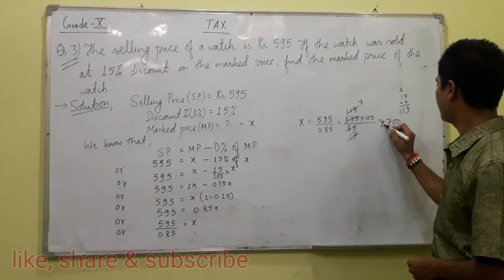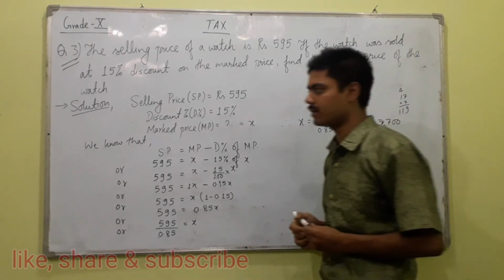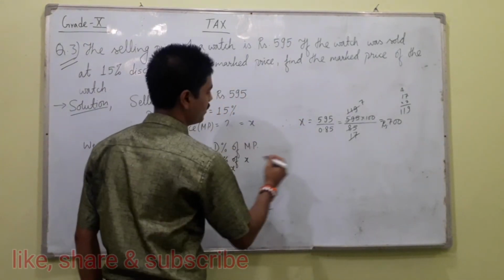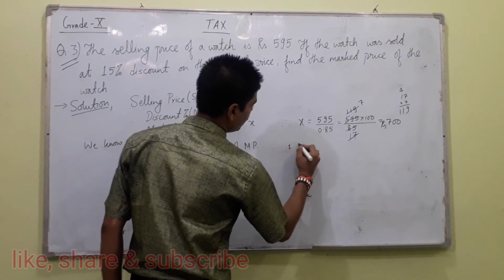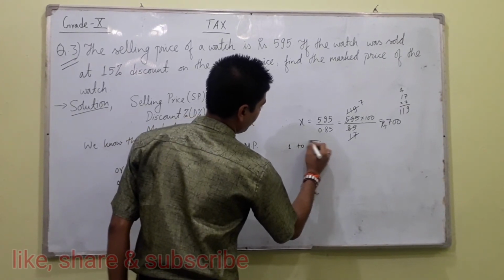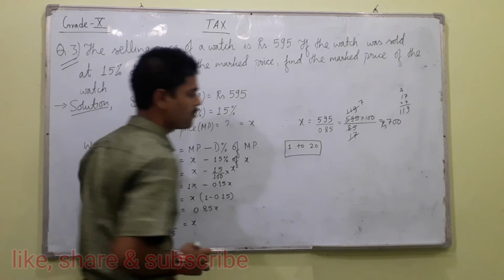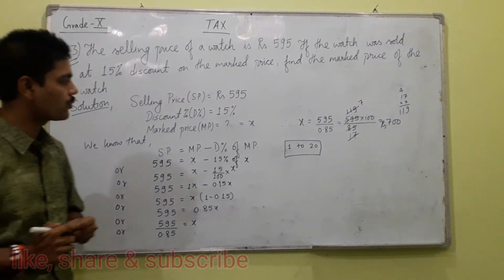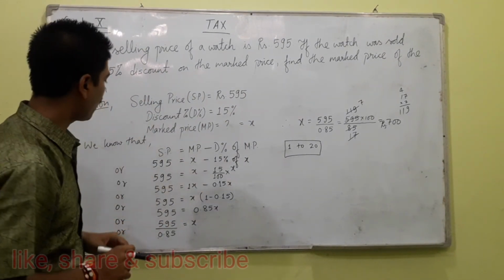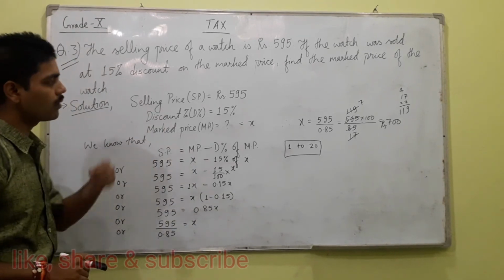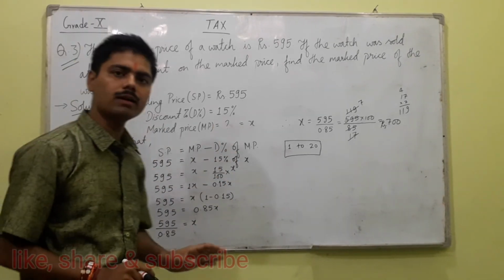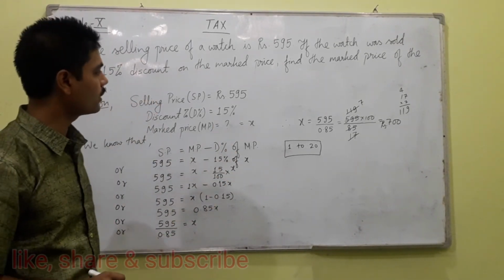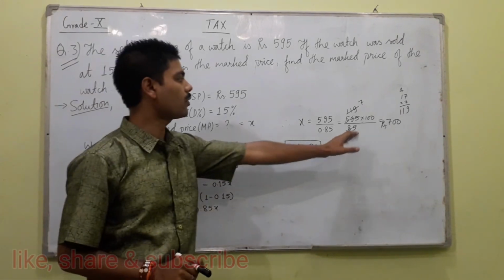To solve any question without the use of a calculator, at least you must know the tables from 1 to 20. If you can remember the tables of 1, 2, 3 up to 20, then almost most of the questions can be solved by yourself without using the calculator. I suggest all students, try your best to solve without using a calculator.